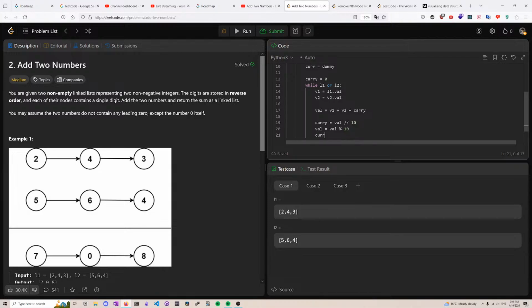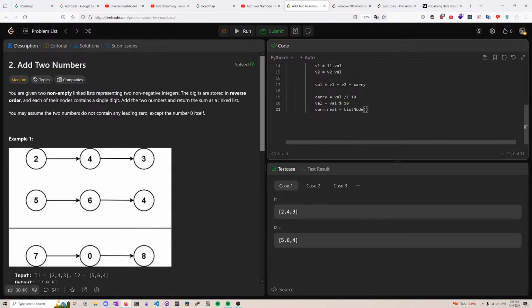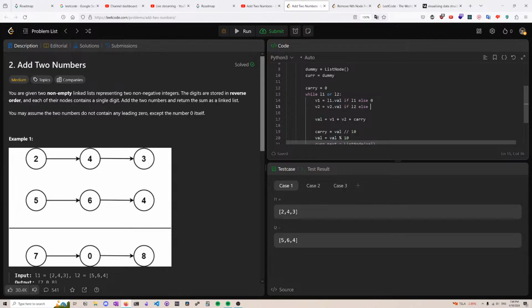cur.next equals this node, val, and now we update. Right, else 0, else 0.